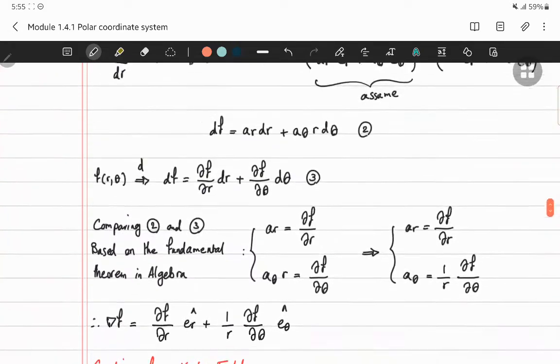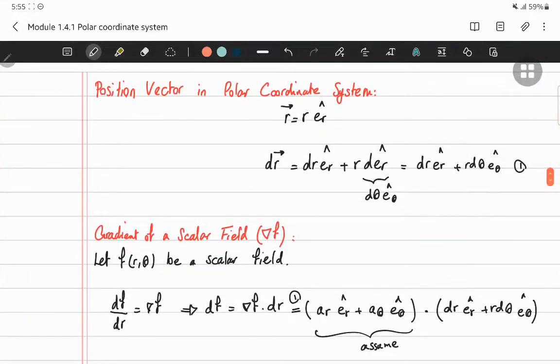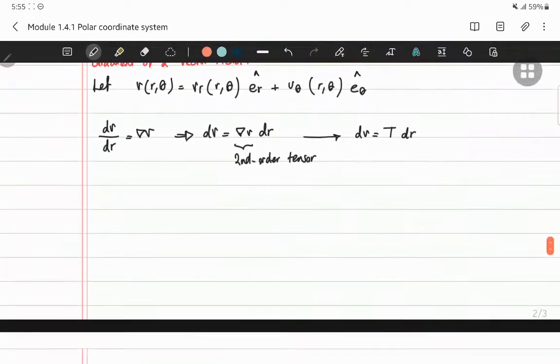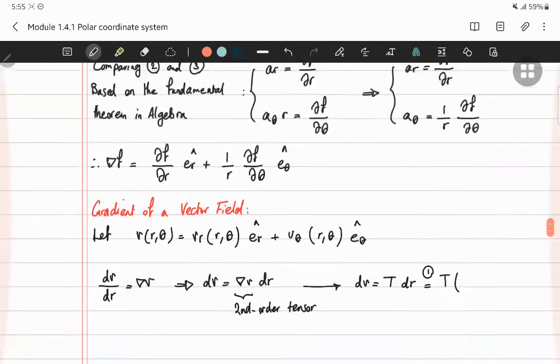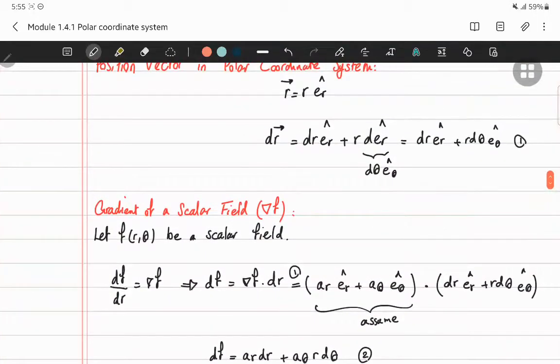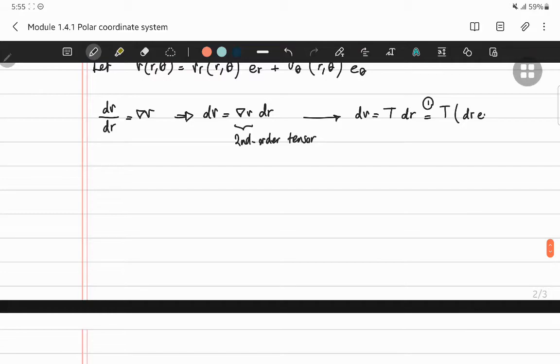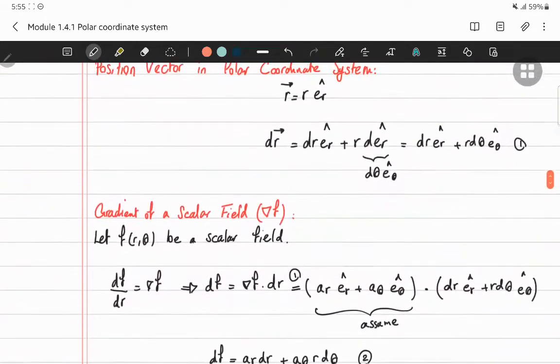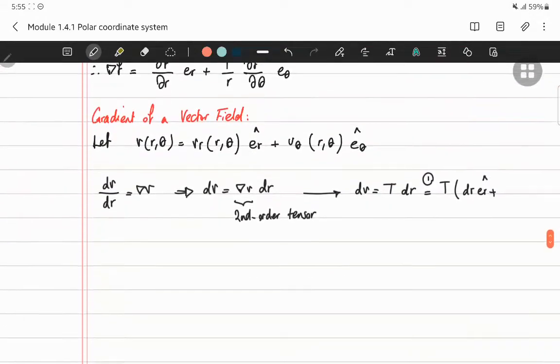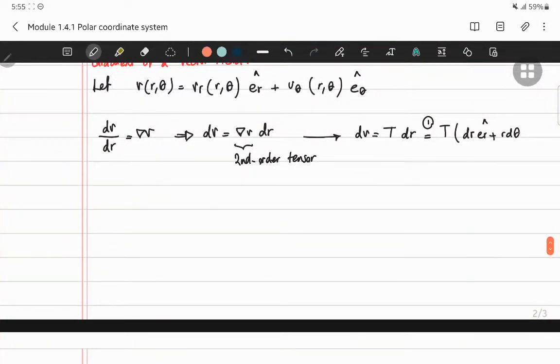So this dr here is from equation 1. So from 1, we have T, and dr is this expression here, dr er plus r d theta e theta. Perfect.